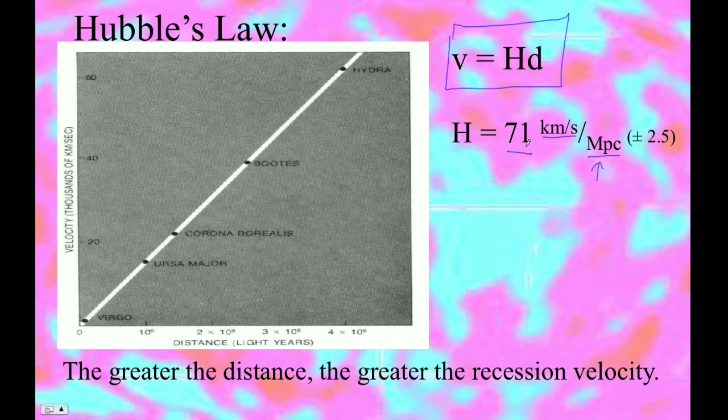If we went 2 megaparsecs away, it would be receding at 142 kilometers per second. That's how this works. So just don't forget that a megaparsec is a parsec times 10 to the sixth.